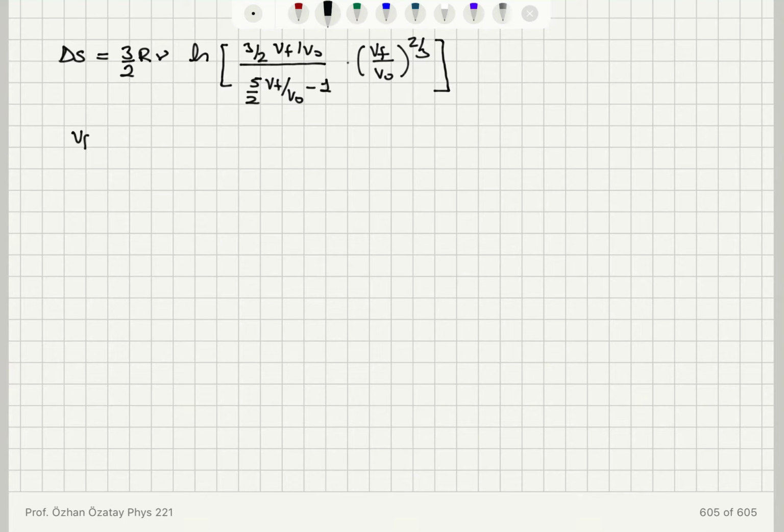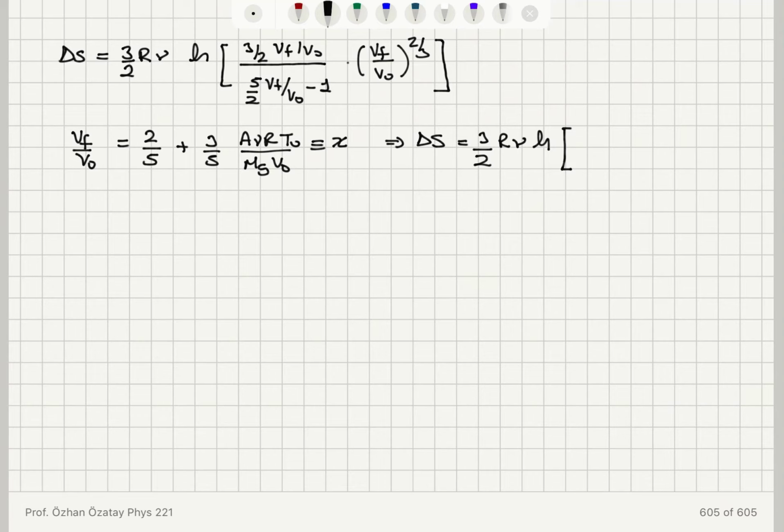So V final over V0 equals 2 over 5 plus 3 over 5 A nu R T0 over mg V0. I define this as X. Then I find that the entropy change will be equal to 3 over 2 R nu natural logarithm of (3 over 2 X over 5 over 2 X minus 1) times X to the power 2 over 3.